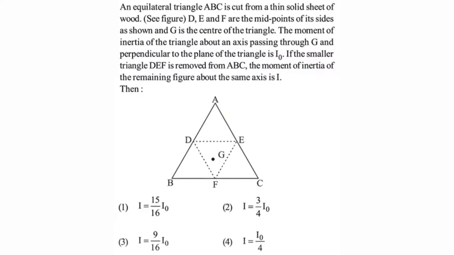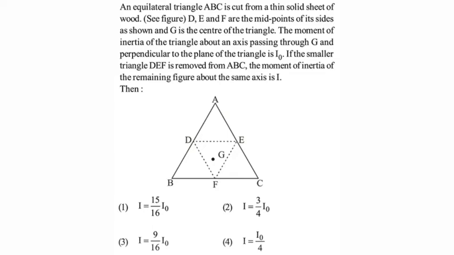Now we take the last question of today's session. An equilateral triangle ABC is cut from a thin solid sheet of wood. D, E, F are the midpoints of its sides as shown, and G is the center of the triangle. The moment of inertia of the triangle about an axis passing through G and perpendicular to the plane of the triangle is I naught.